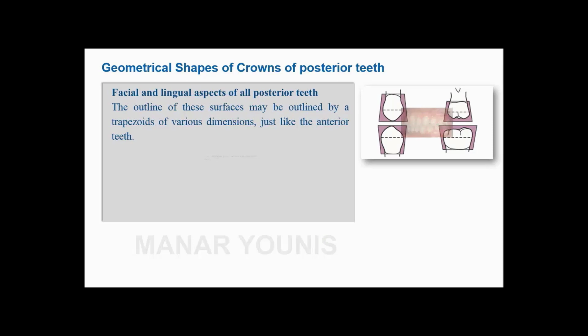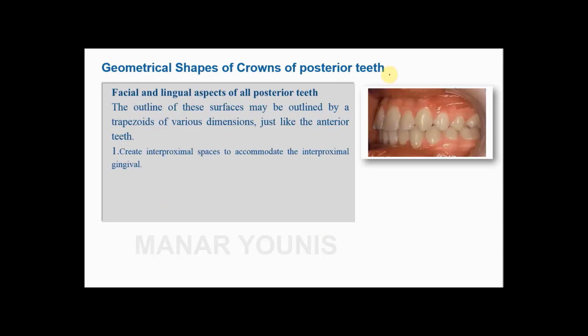What are the advantages that can be obtained by having this geometric outline? First, it will provide a greater interproximal space to accommodate the interproximal gingiva. As you can see here, we have greater interproximal space for the gingiva and the supporting structures.